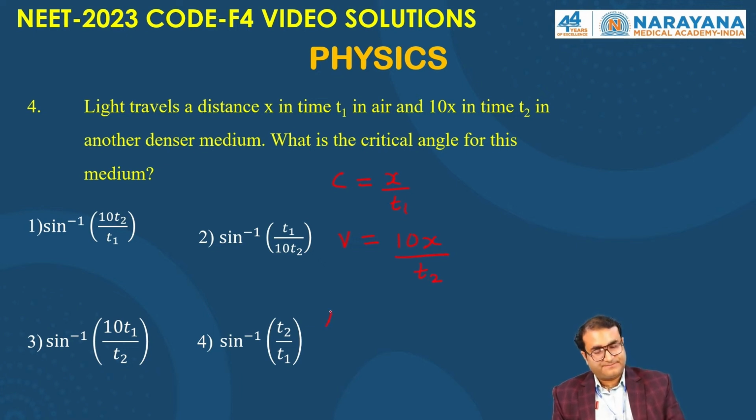Refractive index is c by v, and the critical angle we can write as sine inverse of 1 by mu. So if you put all the values here, you will get the critical angle to be sine inverse of t1 by t2. Third option is correct in this case.